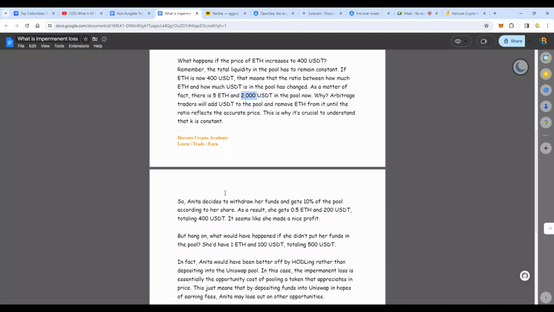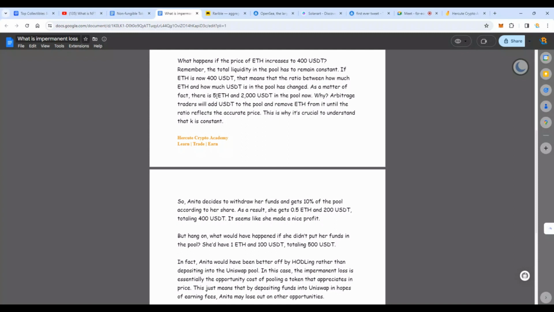No, she's not going to get 1, because remember, she put in 100 USDT. Whatever she put in, she got a 10% share of the liquidity pool, right? Now, our liquidity pool has 2000 USDT and 5 Ethereums.